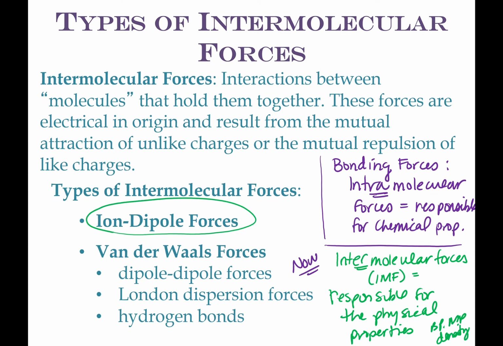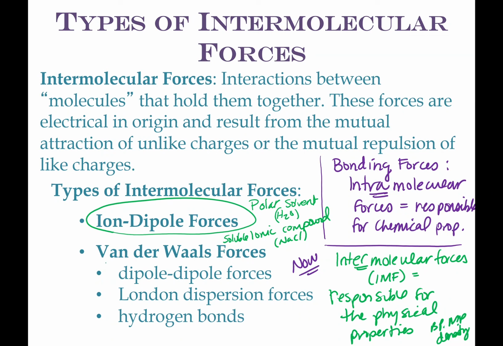We will talk about that, but this only happens when you have a polar molecule or a polar solvent, really, like water, for example, and an ionic compound that's going to be soluble. So a soluble ionic compound, something like that. So maybe we have like sodium chloride dissolved in water. We would have ions that are attracted to those dipoles in the water. So that would give us ion dipole forces.